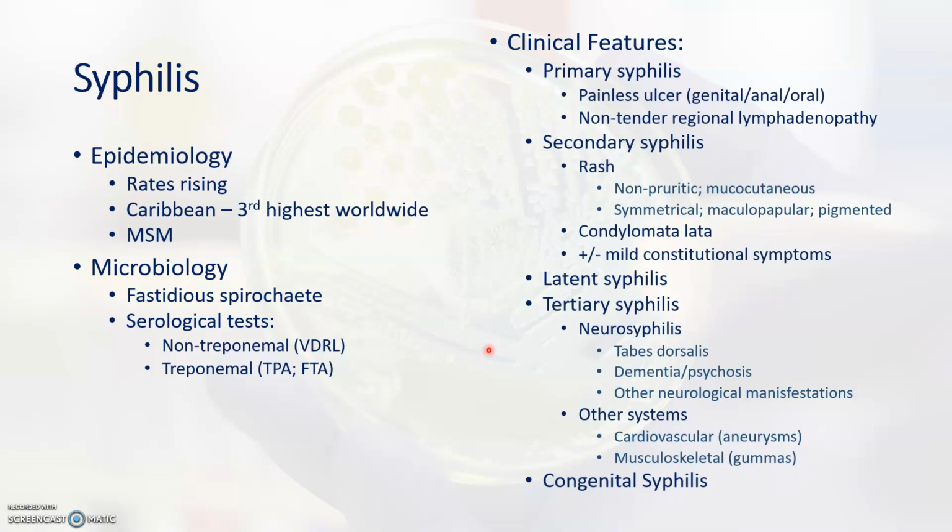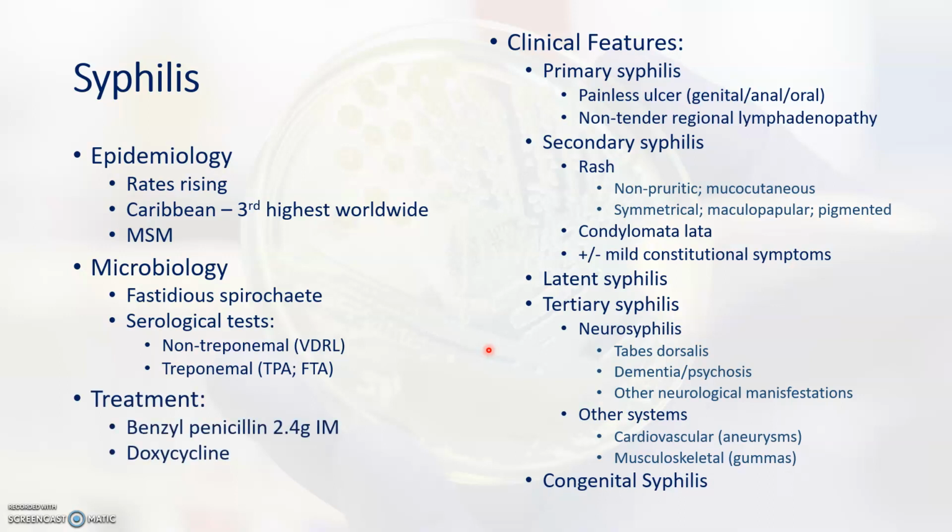The clinical features of syphilis include primary, secondary, latent, and tertiary syphilis, and this is something you need to know in some detail, so you can pause the video and have a look at the symptoms for each of these stages of syphilis. Infection can occur through the placenta as well, leading to congenital syphilis in the newborn.